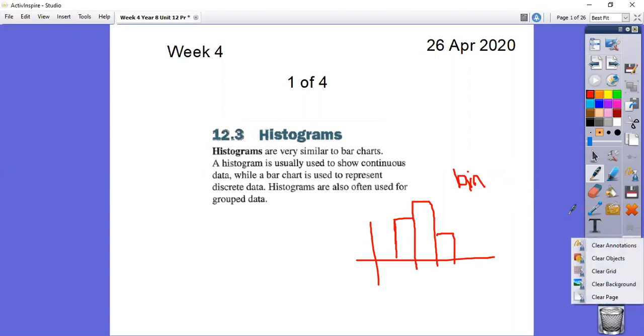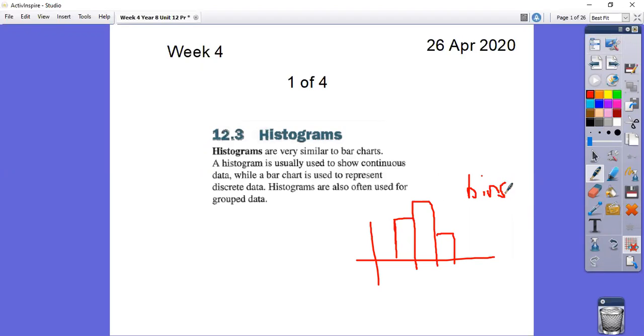Let me just rewrite this. They're called bins. The area these bins take up, so the length and the width of these bins, represents the data they're showing.